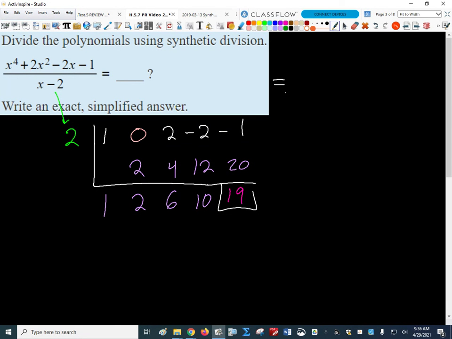x cubed plus 2x squared plus 6x plus 10 plus 19 over x minus 2. Okay, good. So how did you know what power of x went with this first coefficient? You could just say that 10 is the one with no x, then x, and x squared.